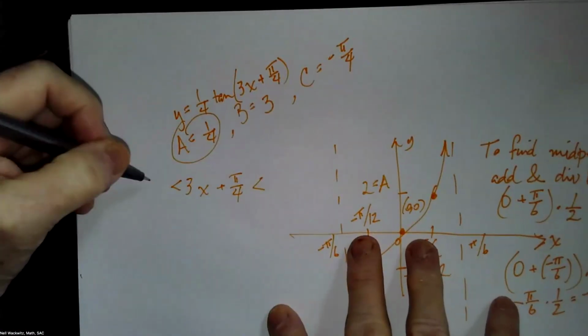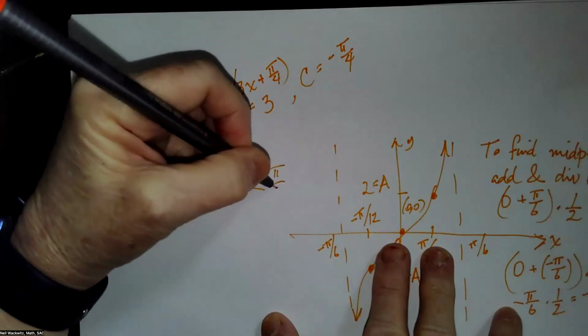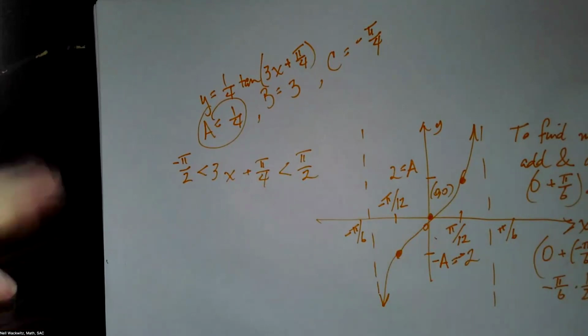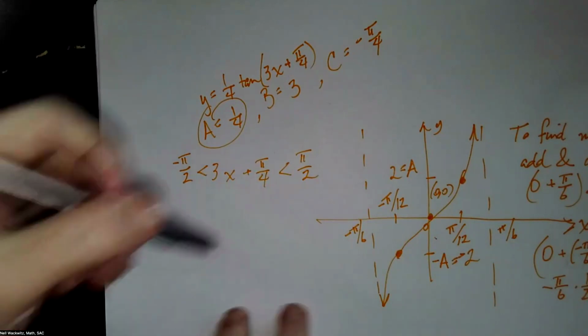We're going to set this between negative pi over 2 and pi over 2. And how can I solve for x? What should I do first? Subtract pi over 4. Good.